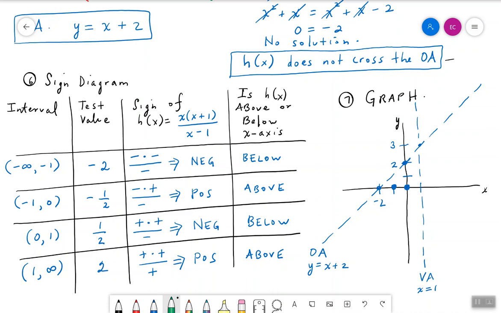At the left end of the graph, we have this oblique asymptote. This means that the graph must approach the oblique asymptote. And so there are only two ways to do it. It would be either above or below the oblique asymptote. And which is it? Well, that's a little hard to tell.